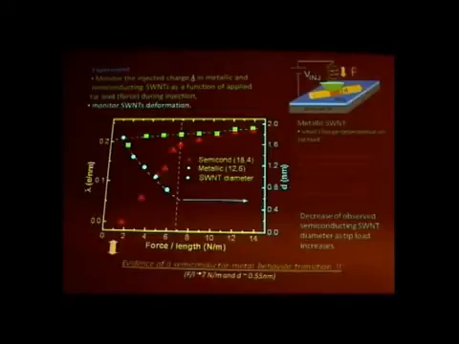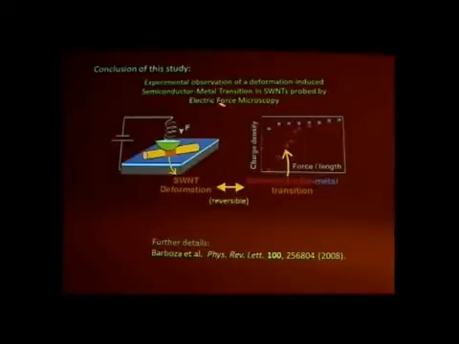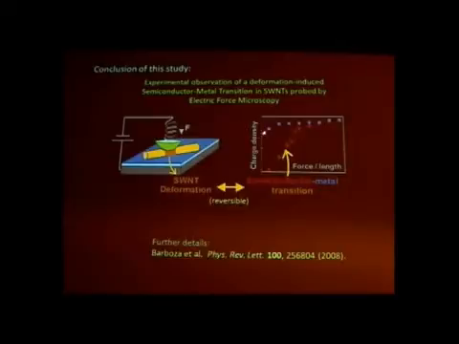And this force per unit length and the diameter are in good agreement with ab initio calculations which were performed; I don't have time to show them. So in this study, we have shown that you can see this deformation-induced semiconductor-metal transition in nanotubes using electric force microscopy to monitor the charge density and to deform the nanotubes.